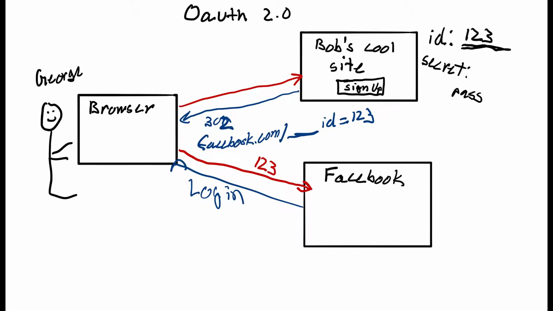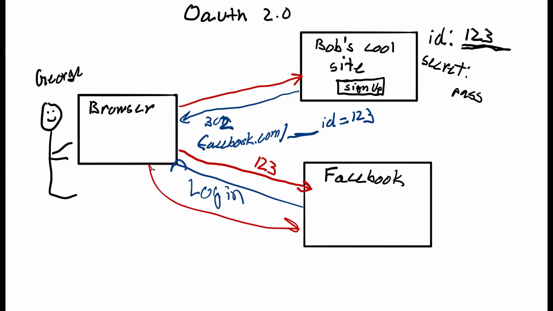But then George will go ahead and log into Facebook. So now Facebook knows that George, because he just logged in or was already logged in before, is trying to sign up for Bob's cool site. It knows it's Bob's cool site because the ID was in the original URL, and it knows that it's George because George just logged in.